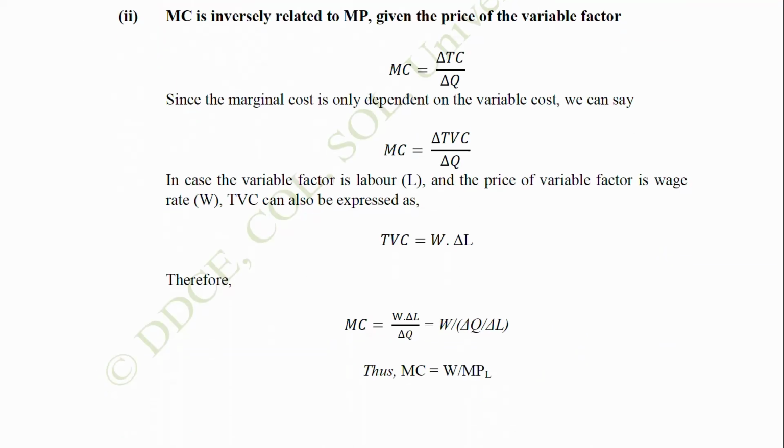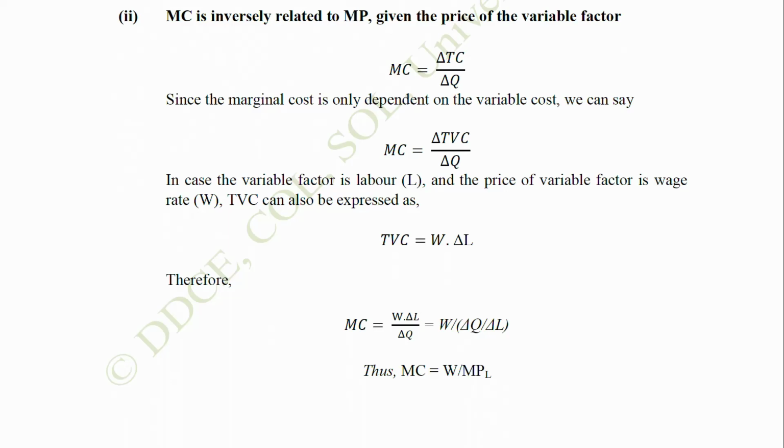Now, second, marginal cost is inversely related to marginal product given the price of the variable factor. Marginal cost is equal to change in the total cost divided by the change in quantity. Since the marginal cost is only dependent on the variable cost, we can say marginal cost is equal to change in total variable cost divided by the change in quantity. In case the variable factor is labor and the price of the variable factor is the wage rate, total variable cost can also be expressed as wages times change in labor.